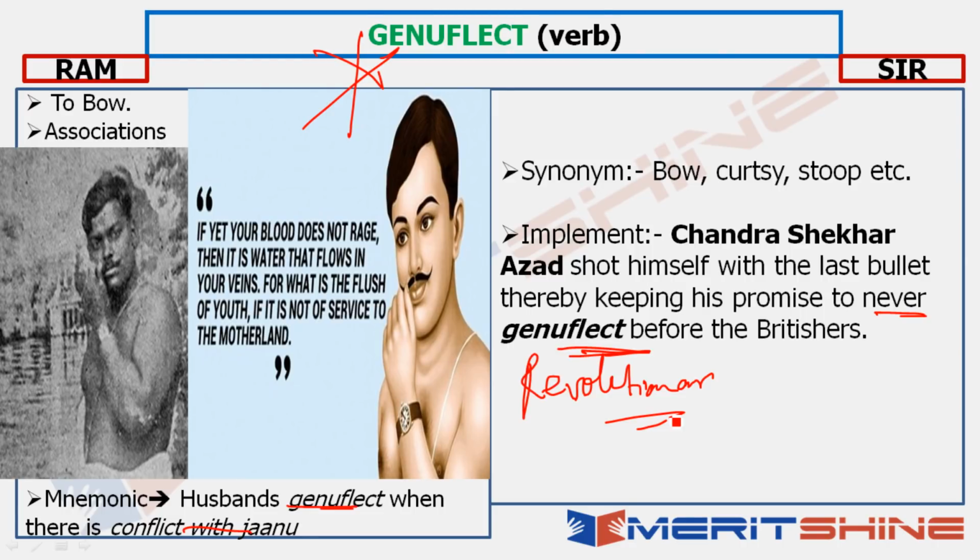You see, Anushilan Samiti was in the process of wrapping up at that point of time. All the main leaders had been either killed or jailed or sent to Kalapani, right? But the passion, the vigor of Anushilan Samiti came into HRA, right?